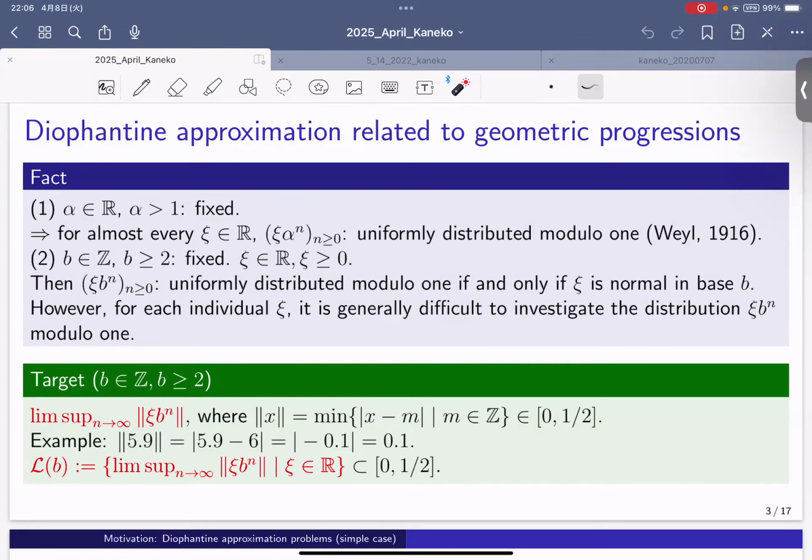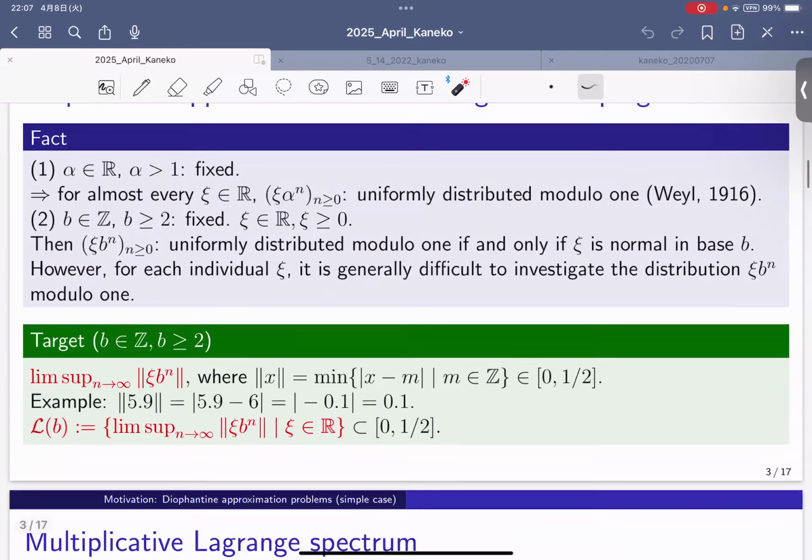If xi b to the n is uniformly distributed modulo 1, then this value is one half. Today, our target is this set, the set of maximal limit points of the distance. I won't tell the details, but this set L_B has properties analogous to the classical Lagrange and Markov spectrum. So, in the next slide.